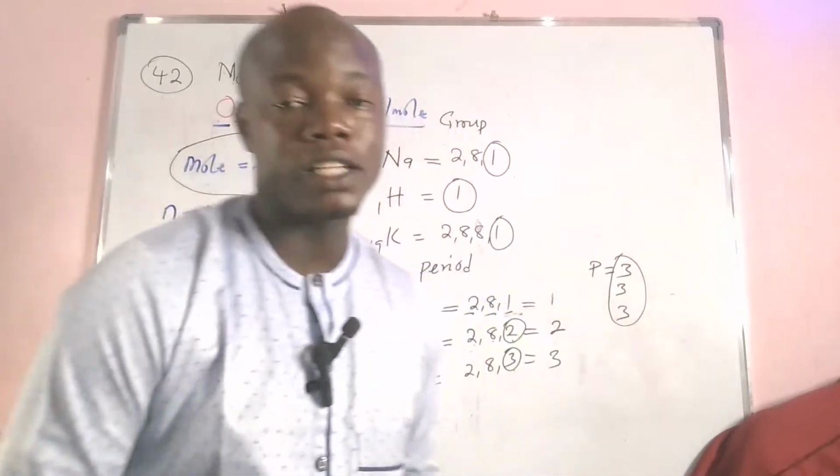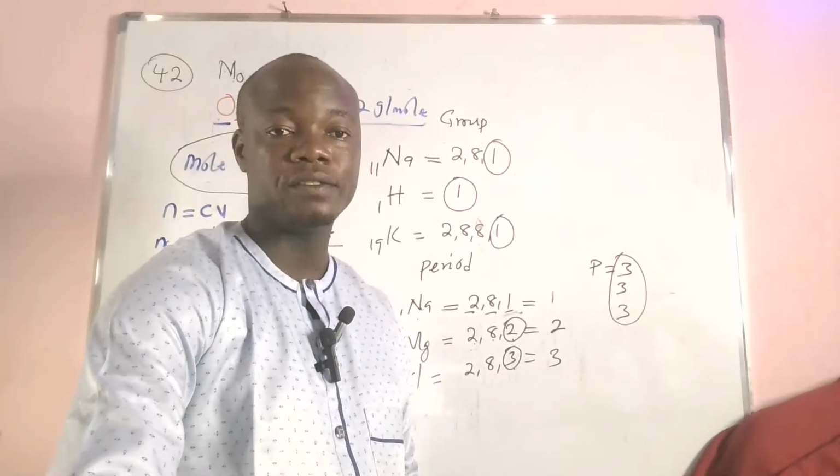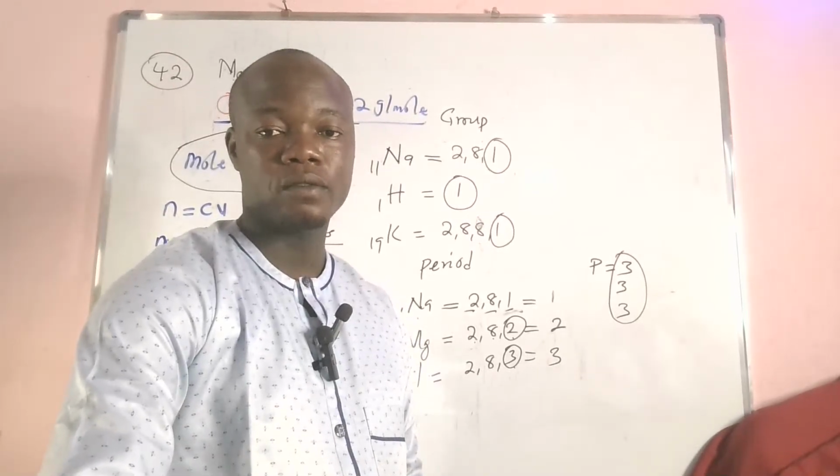Now let's look at the next question. We are moving to the next question. The question says, how many atoms are there in 0.3 mole of an element, given that Avogadro's number is 6.0 times 10 raised to the power of 23.